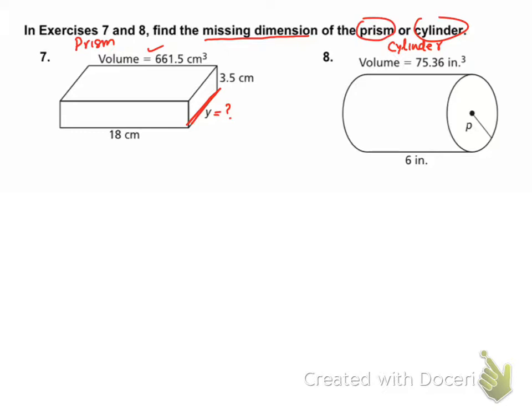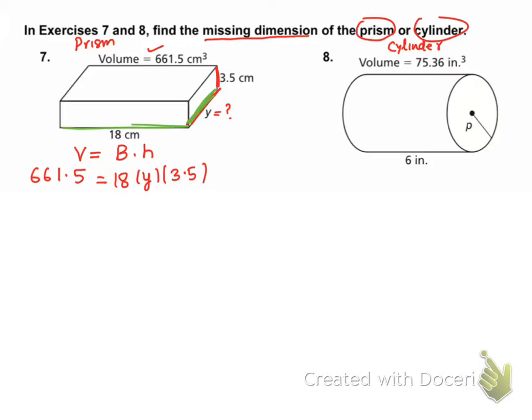So easy, just use the same formula. Volume is base area times height, and the volume given is 661.5. Base area, it's a rectangle, so what's the area of a rectangle? That's length times width. Just multiply. No matter if they have just given y, I'll use it the same way. And the height they have given me is 3.5. Just plug it in, and now it looks like an equation. Solve it for y.